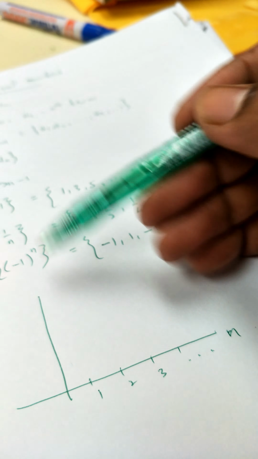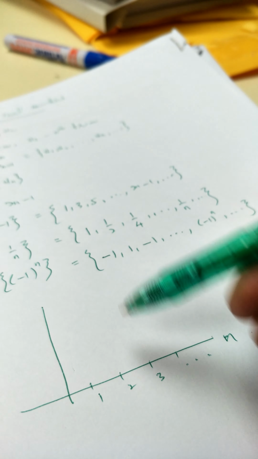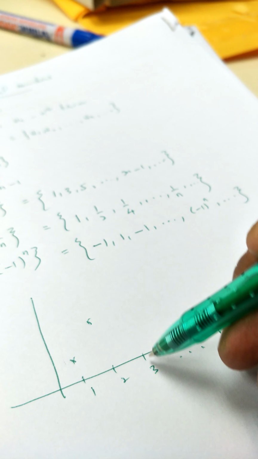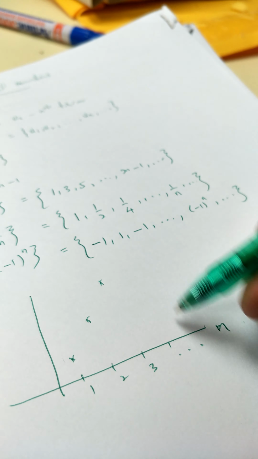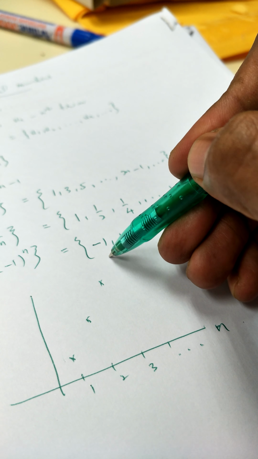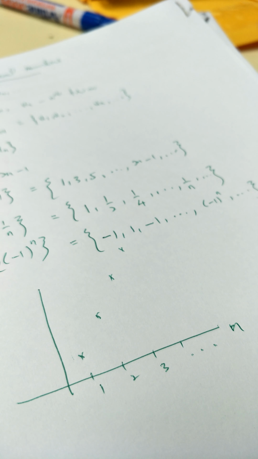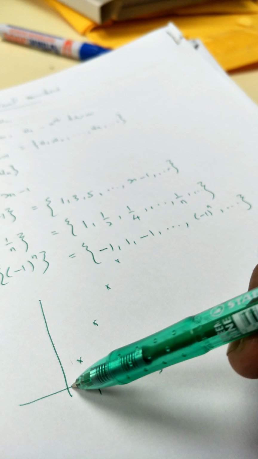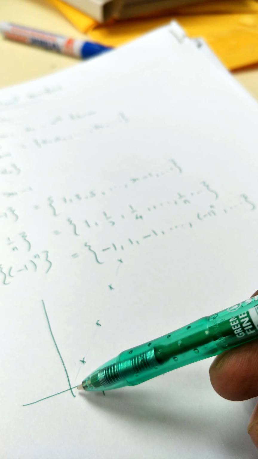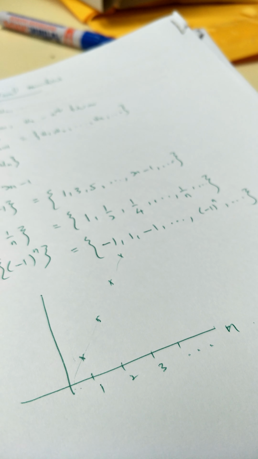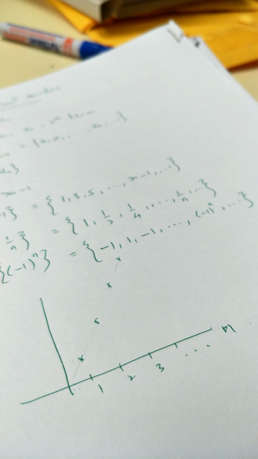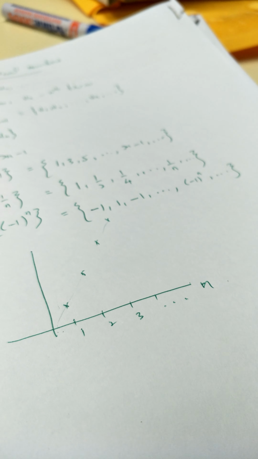For n equal to 1 we have 1, for 2 we have 3, for 3 we have 5, and so on. So this is a sequence. Don't put a line, because if you put a line, it means we have n equal to 0.1, 0.2, whereas in this case n must be a natural number, the numbers that we use for counting. This is for case 1.